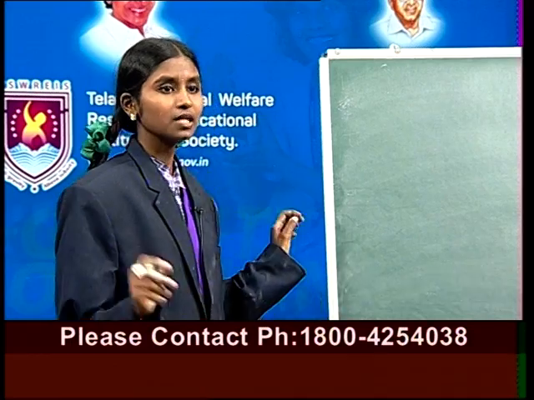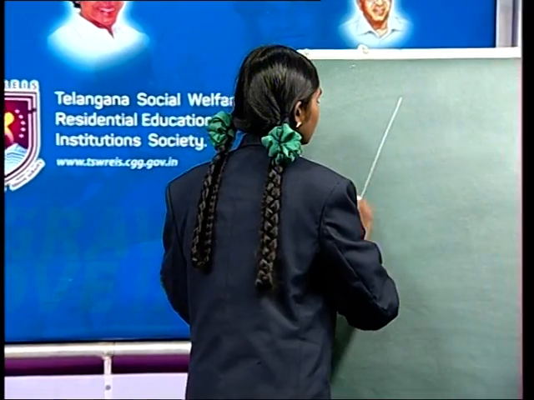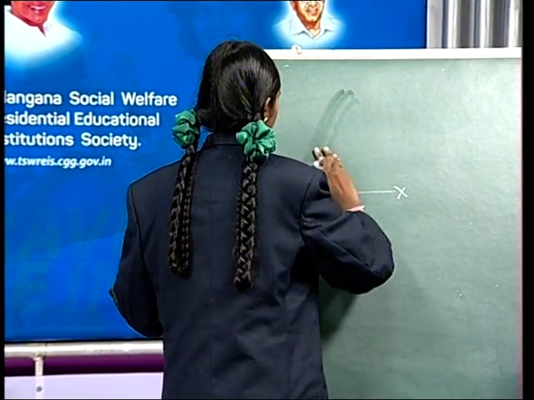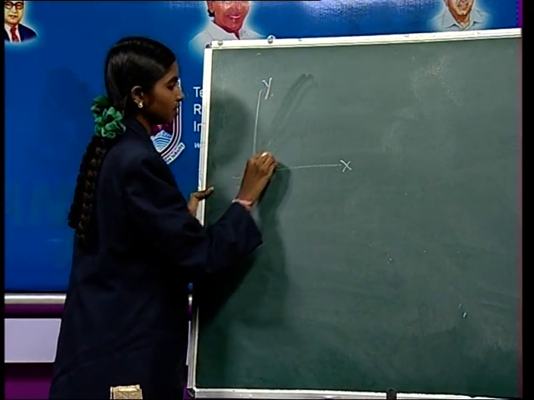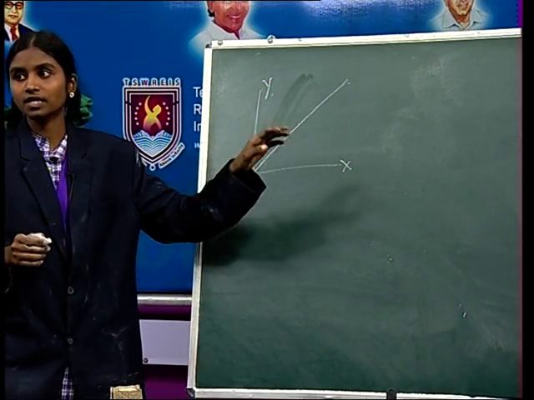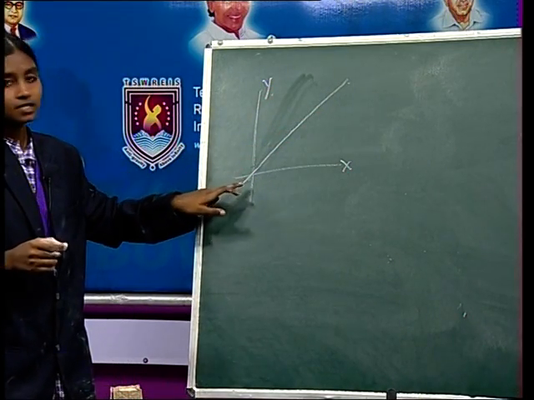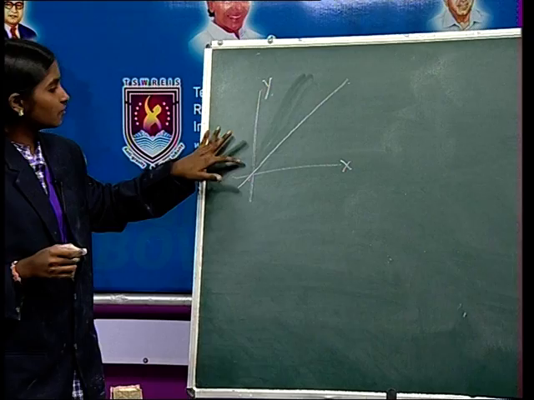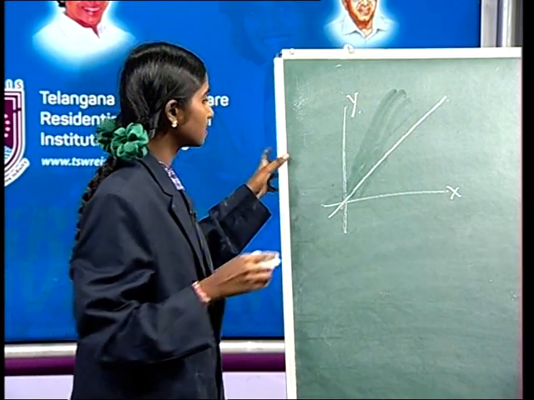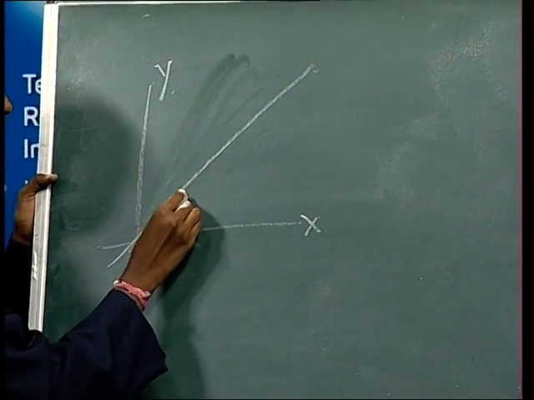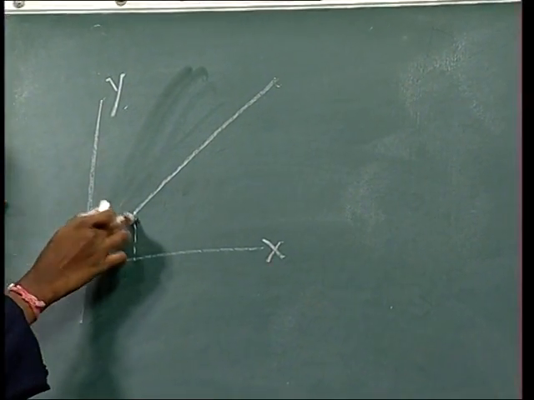For example, Swarna, I am drawing a graph with x axis and y axis. I am drawing a line, that is a line on a graph. It is nothing but how we find the slope of a line. See, when x increases, then y also increases.